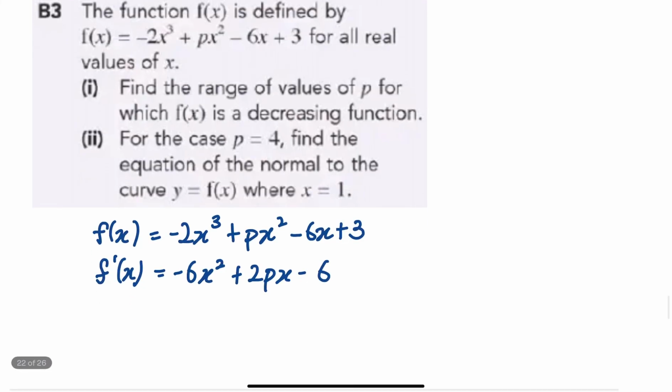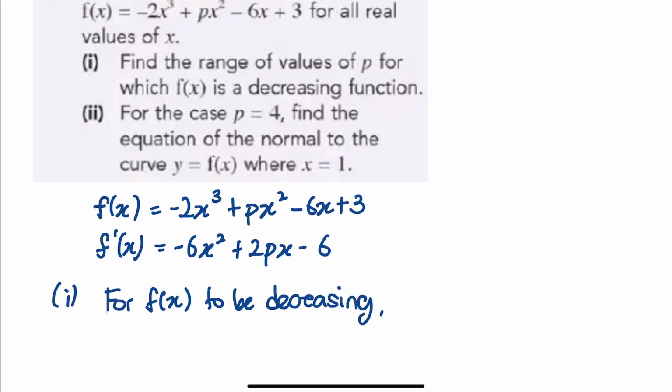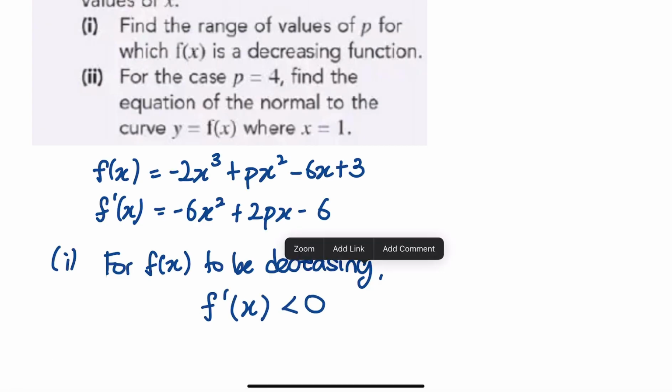For part 1, what the question is asking us to find is the range of values for p for which f(x) is a decreasing function. To understand the question, for f(x) to be decreasing, it means that f prime x, the derivative of this function, should be strictly less than 0.